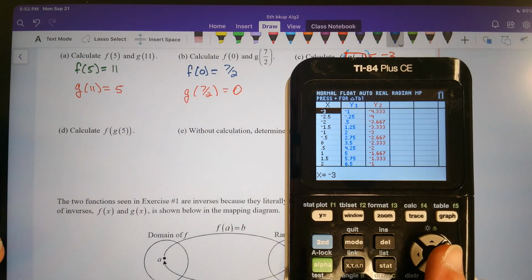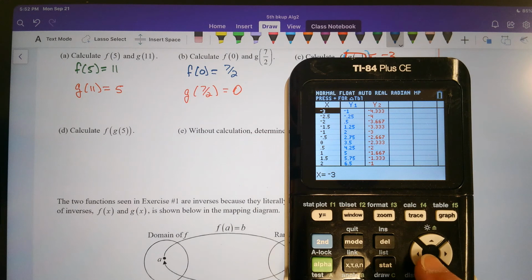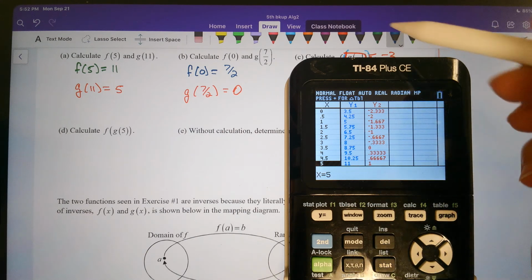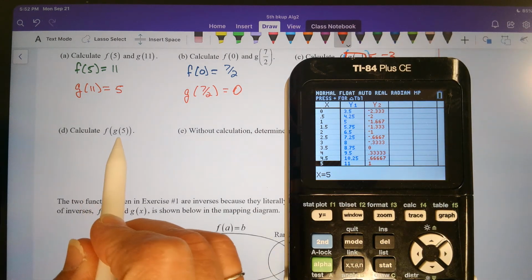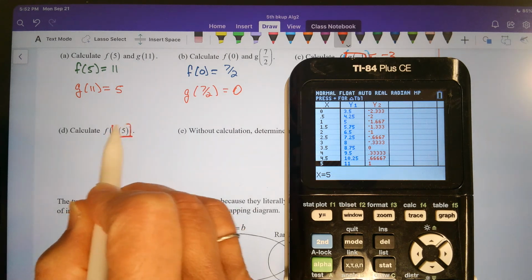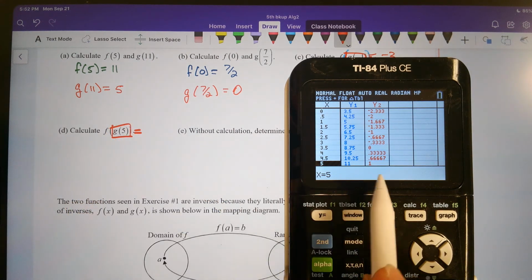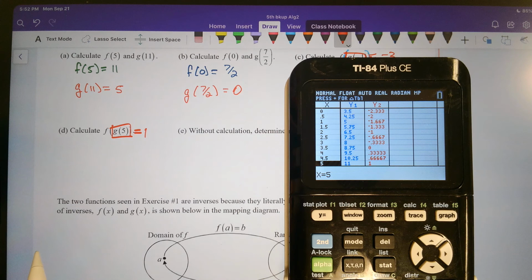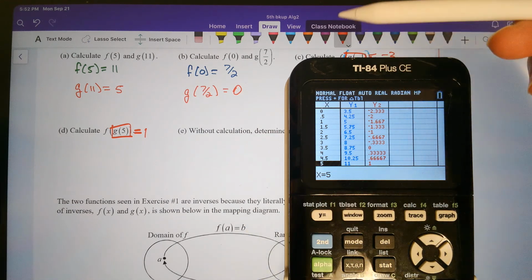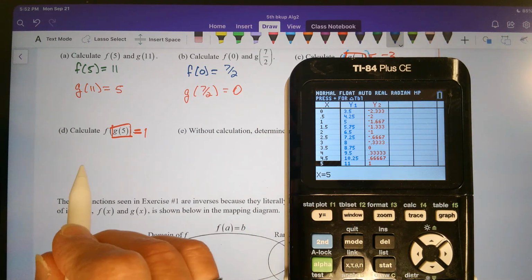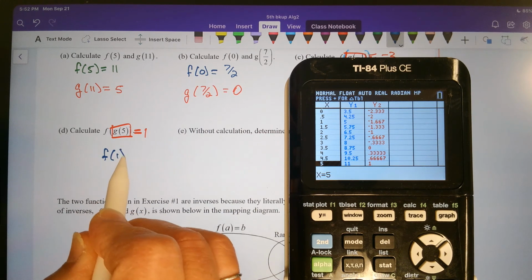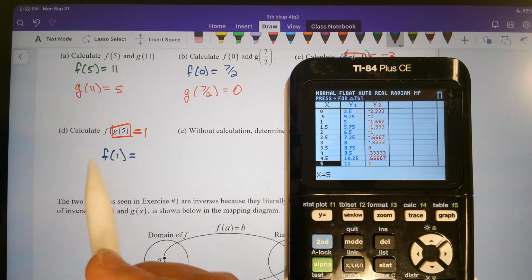D, we want g of 5. This is f of g of 5, so we do g of 5 equals 1, and f of 1 is equal to 5.